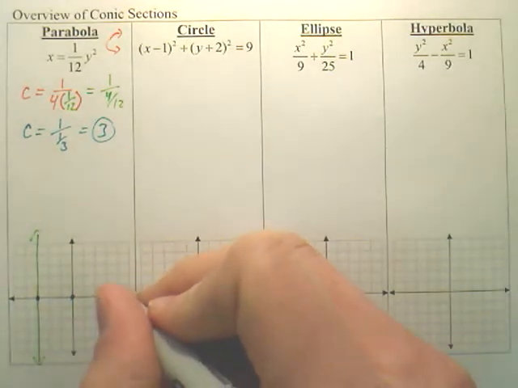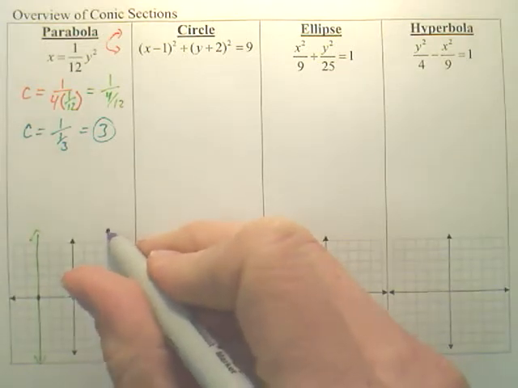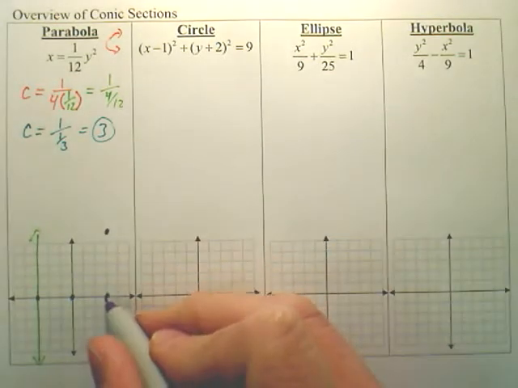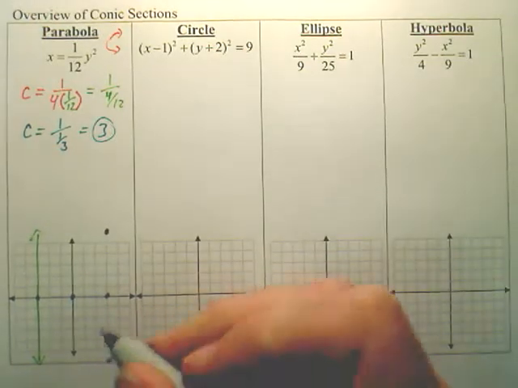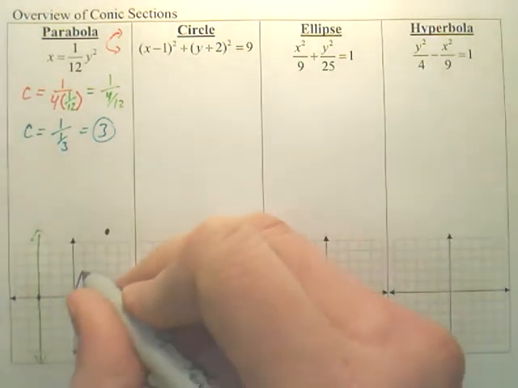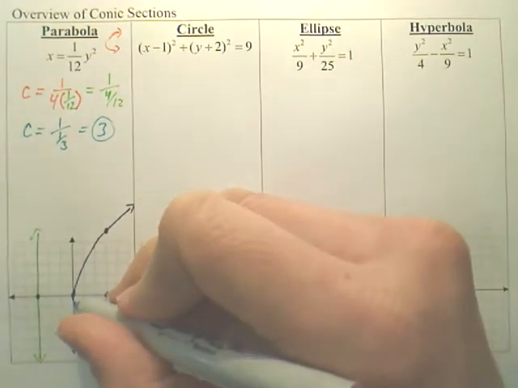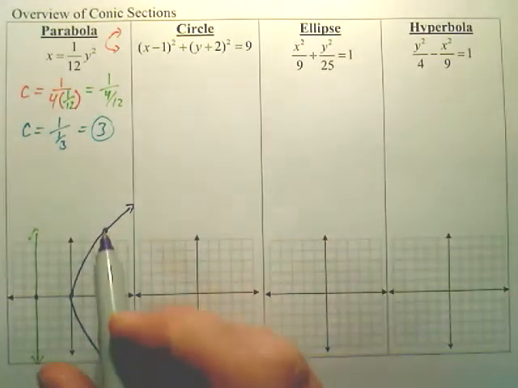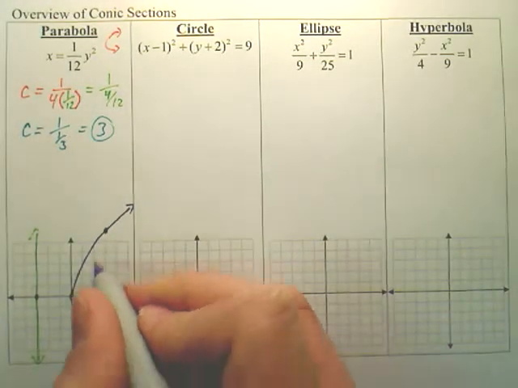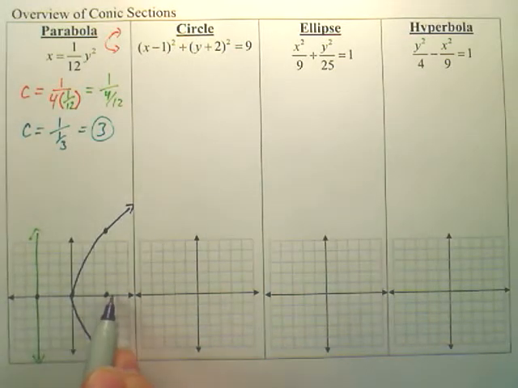So you go up straight from the focus, 1, 2, 3, 4, 5, 6. And from this one you go 1, 2, 3, 4, 5, 6. And that gives you the general trend of your parabola. So from the focal point you go up 6, down 6, basically because the distance from the directrix to here is 6.